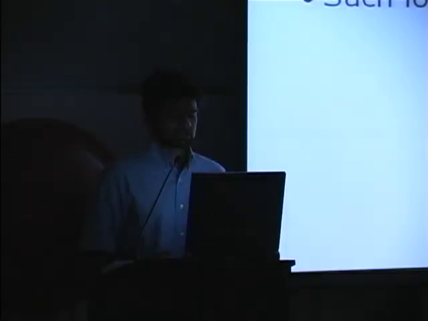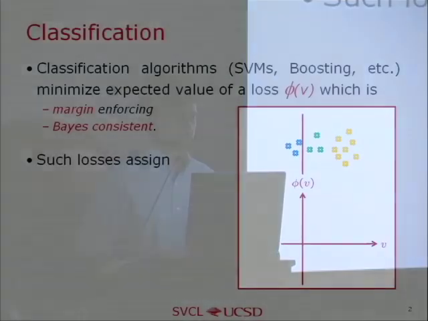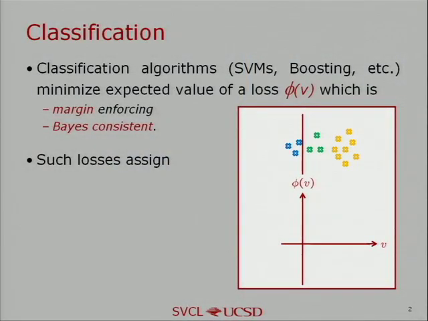Many classification algorithms, some of the most successful ones, such as SVMs and boosting, are based on minimizing the expected value of a loss function phi, which is margin enforcing and Bayes consistent.